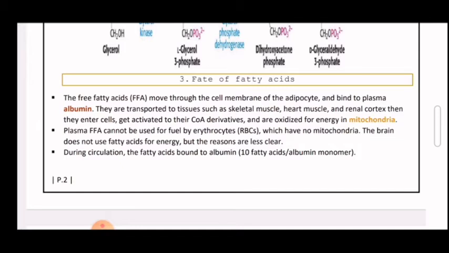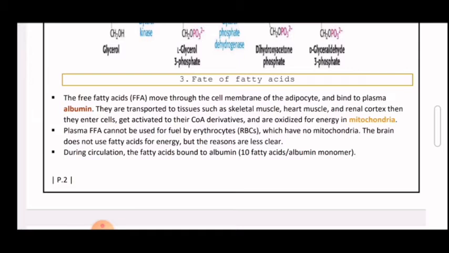Once they get inside the tissue, fatty acids are going to be activated. Being activated means they are going to turn into CoA derivatives. They are going to be known as fatty acyl-CoA, so that they will be oxidized to get energy.